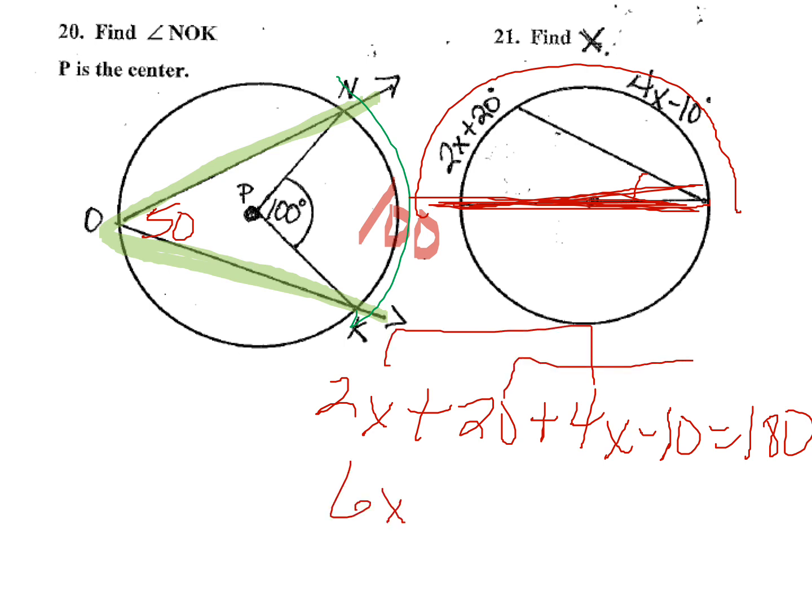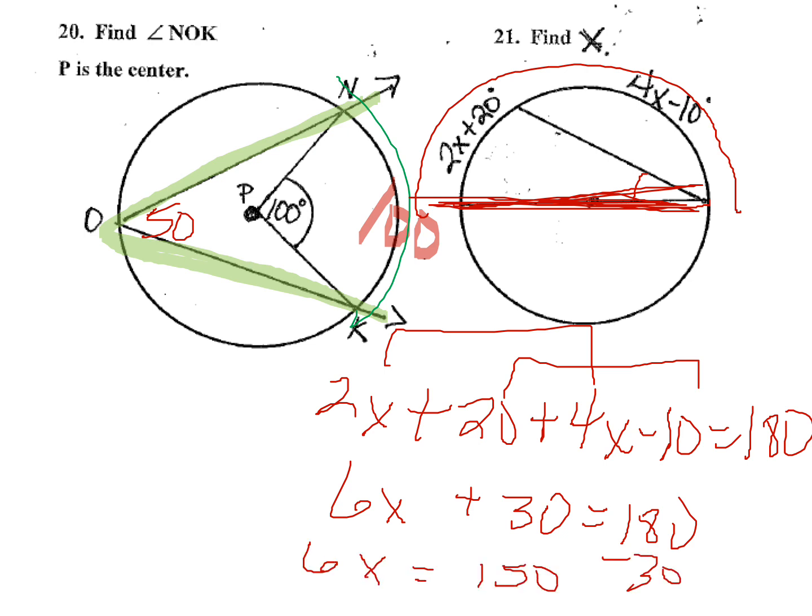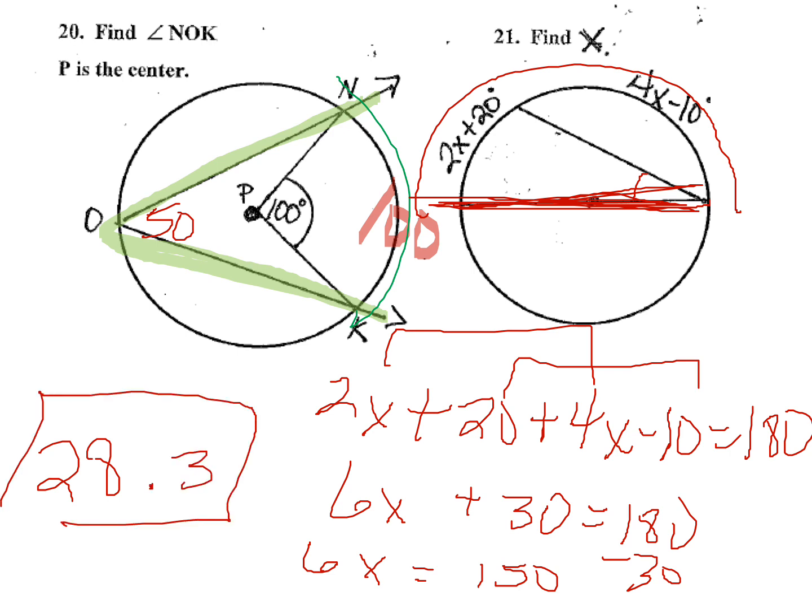Get your whole numbers together, 30, equal to 180. Alright, so finish up. Move your 30. Get 150. 6 divides into 150. 28.3. Might be a decimal on the test, might not be, but just do the math like it does.